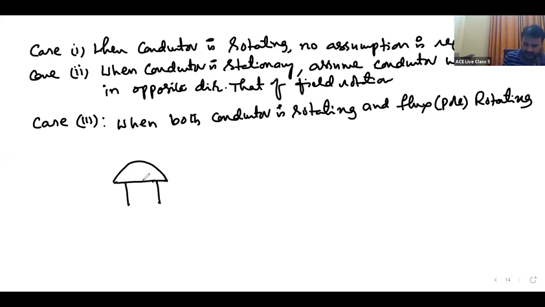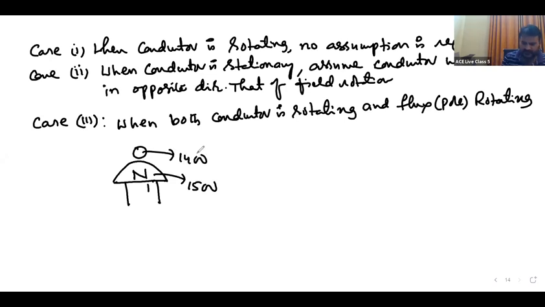See, this is north pole and conductor is rotating. North pole is rotating at 1500 RPM. Conductor is rotating at 1400 RPM.